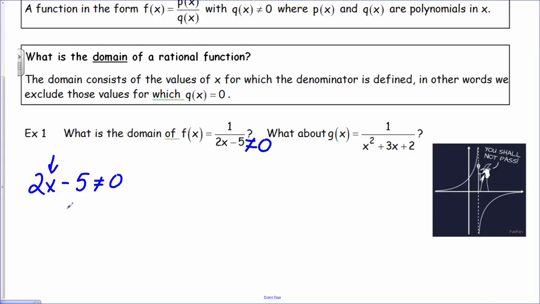Because the alternative, if it is undefined, well, everything else would be defined. So that's why we're trying to find out where the bottom is equal to 0.